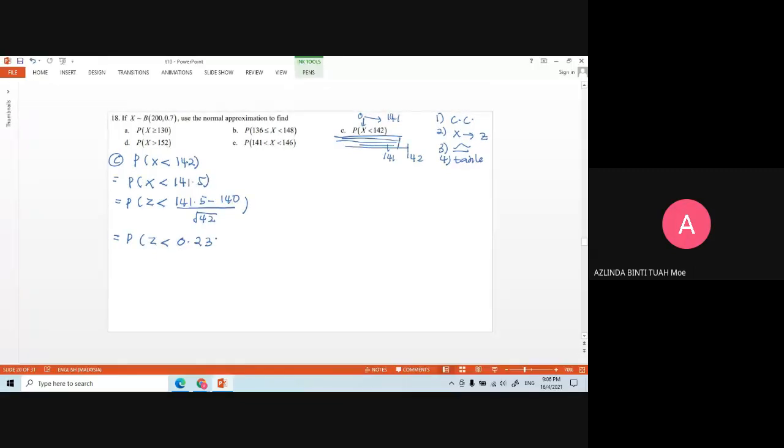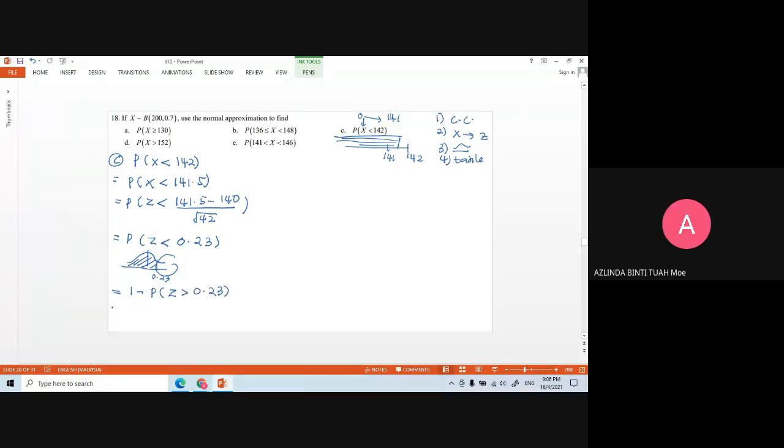So we need to draw a bell shape. 0.23 is on the right hand side here, on the positive Z axis. Okay, lorik sebelah mana? Kanan? Kiri? Kiri. Okay, kiri. 1 minus atau reflect? 1 minus. Okay, 1 minus unshaded region. Unshaded region is Z greater than 0.23.